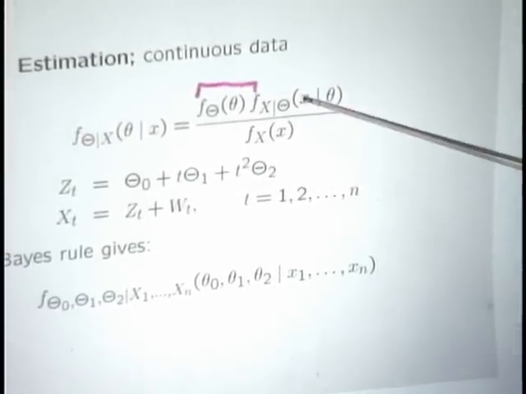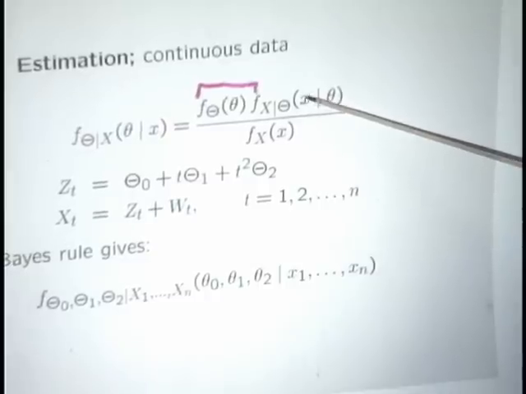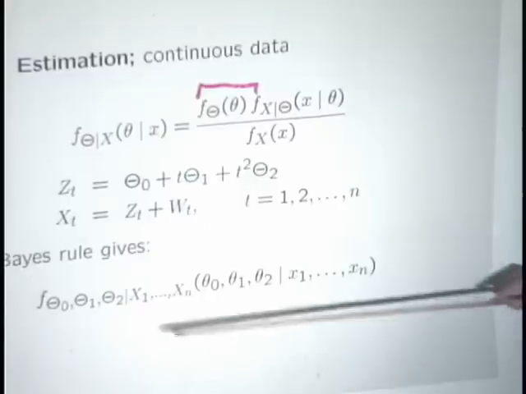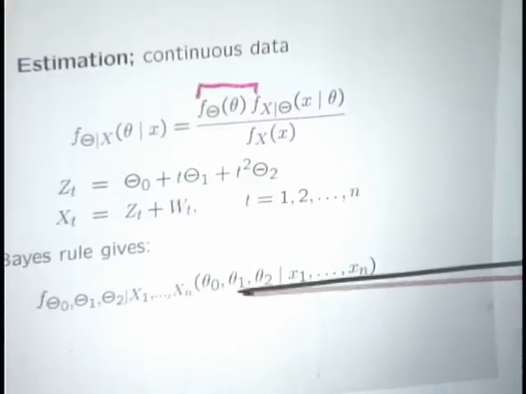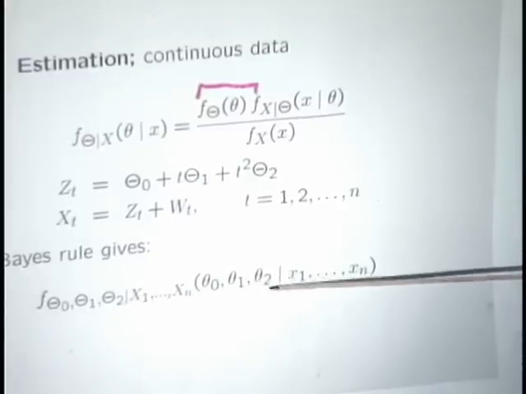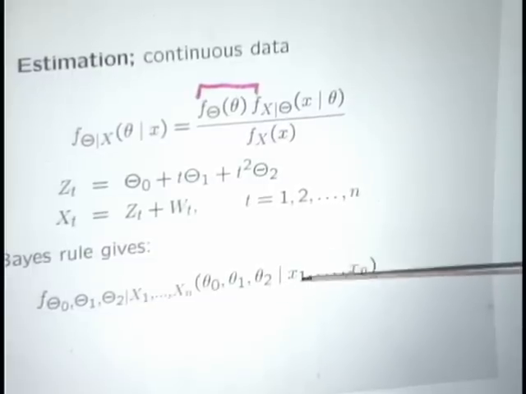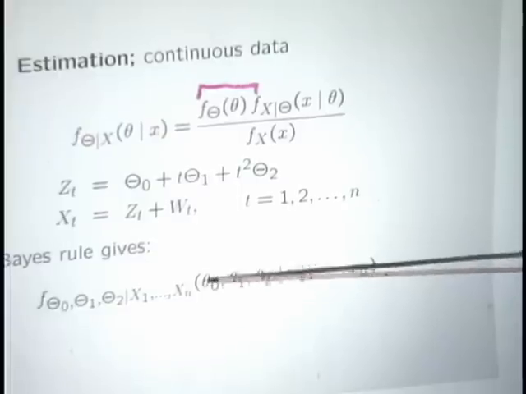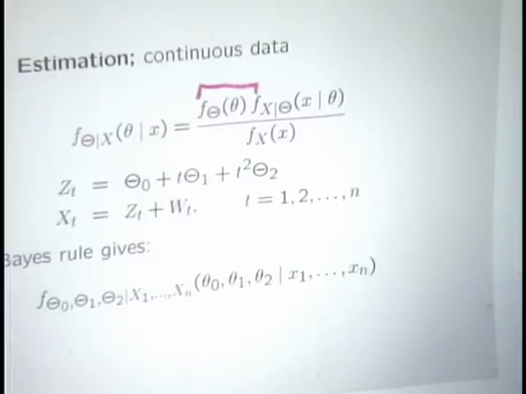And that x here stands for the entire sequence of x's that we have observed. So in reality, the object you're going to get at the end after inference is done is a function where you plug in the values of the data, and you get a function of the thetas that tells you the relative likelihoods of different theta triples.